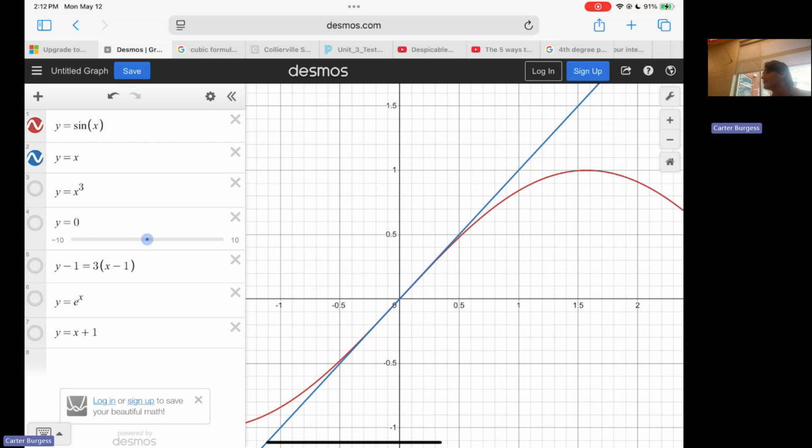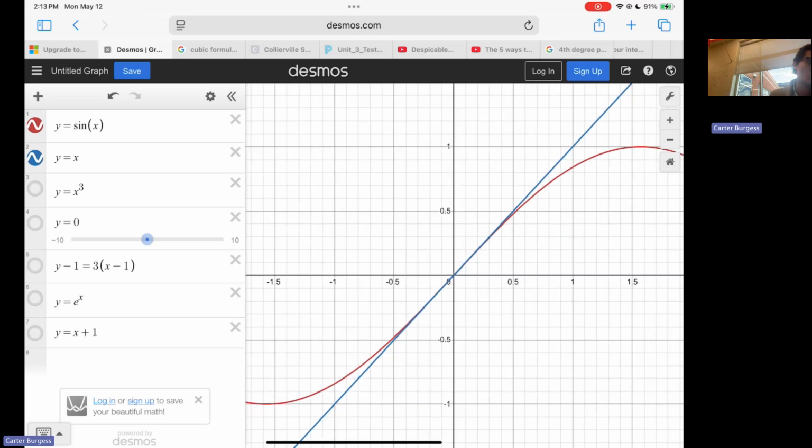Now, could we have done this for some other point? Absolutely. You could do this for really any point and construct a tangent line, and you'll notice that the tangent line does a really good job of tracing out the slope at that particular point, which is its job. It's what you would expect it to do.